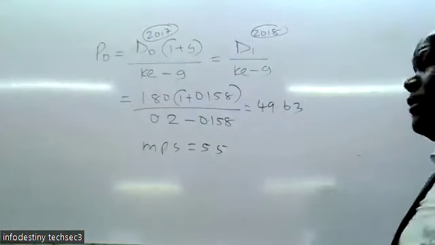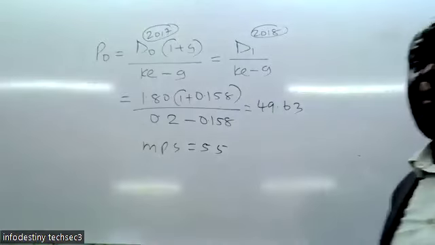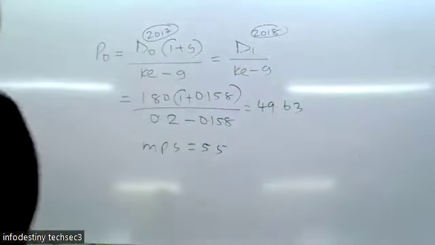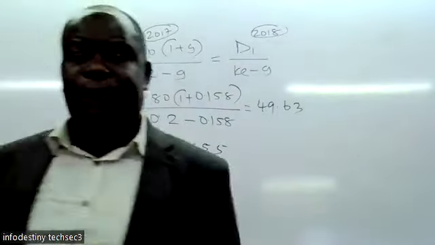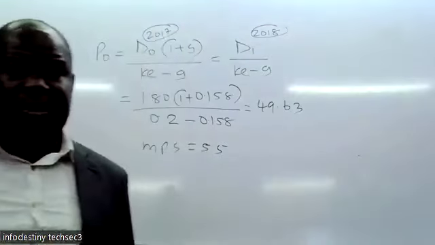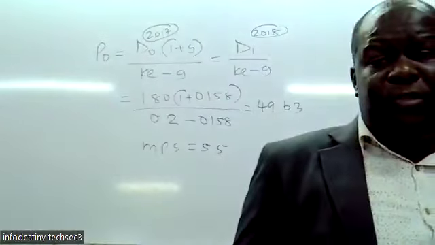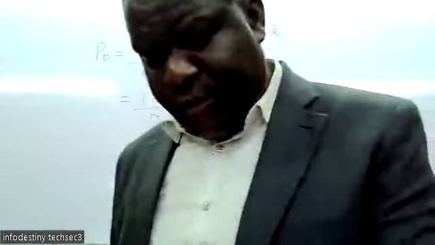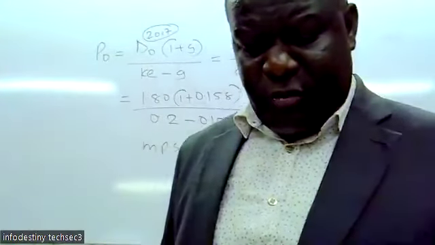Remember, when you buy it, you will pay 55 shillings, but the true value of the share is 49.63. If it were less, then you buy. If you sell, you get a gain. But if you buy it at that price of 55, then you see the true value of the share is lower, so you may not get the best out of it. So that is now how you are to evaluate that question.